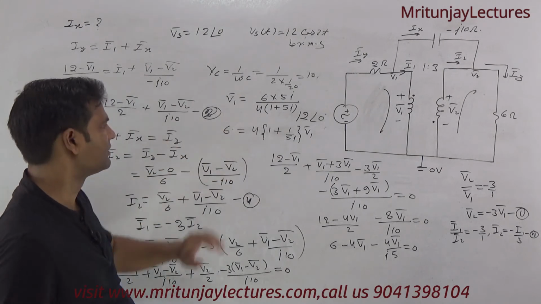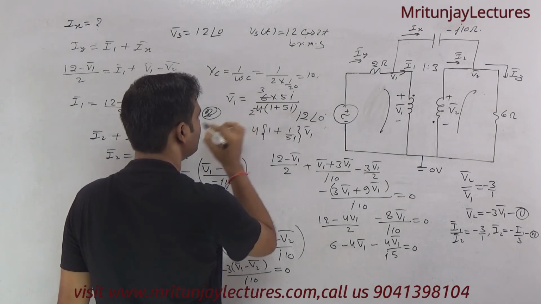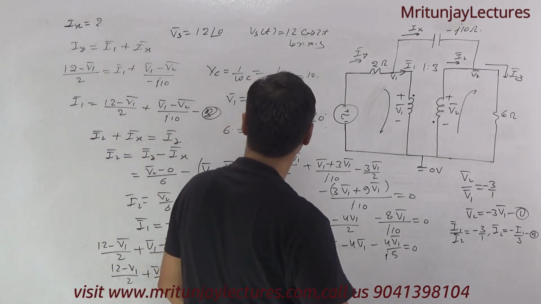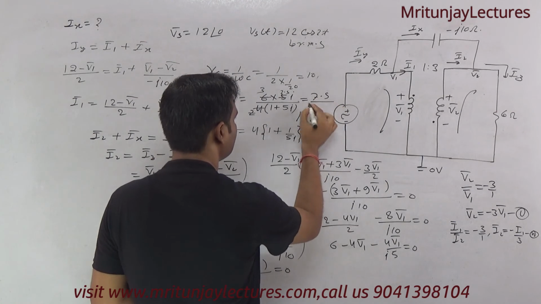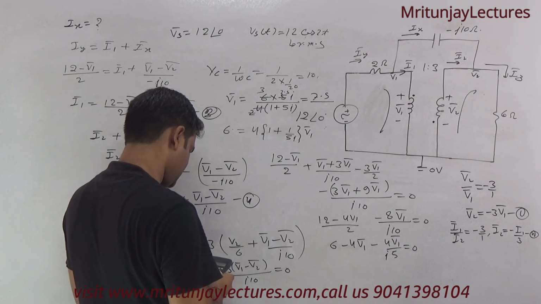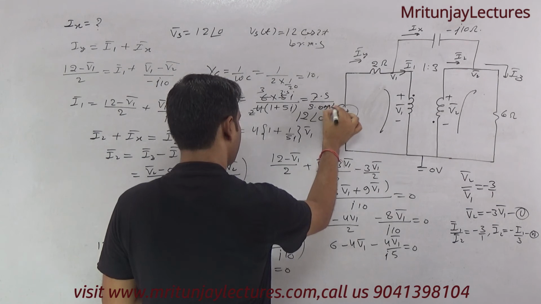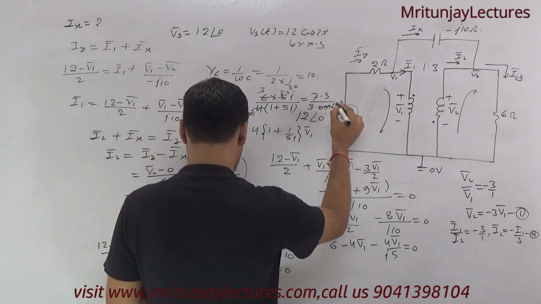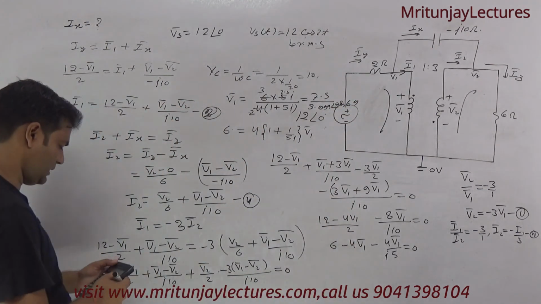Then 5 into 6 is also written as 3 and 2, that is 7.5, divided by 1.1 plus 5j, which is written as 5.099 at the angle 78.69.